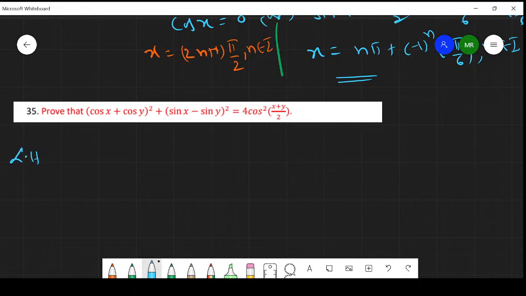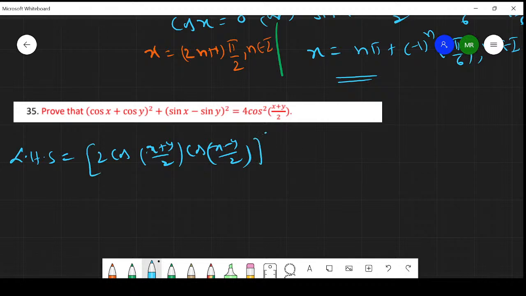I will start with LHS. What is cos x plus cos y? 2 cos of (x plus y) by 2 into cos of (x minus y) by 2. This is the direct formula we have. This is cos x plus cos y, whole square we have.